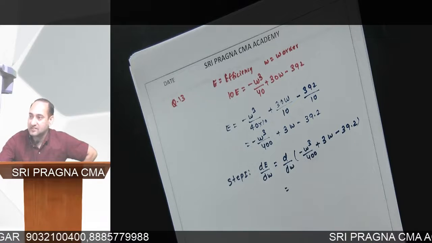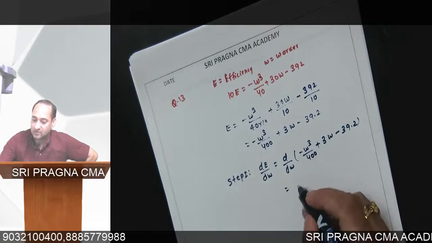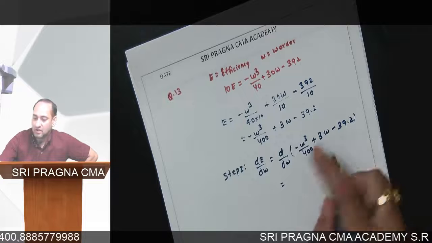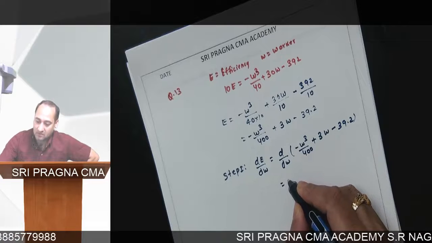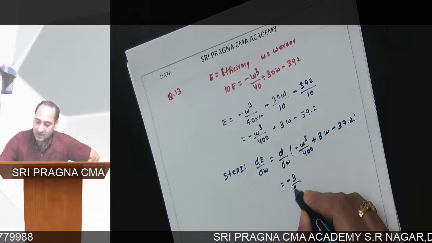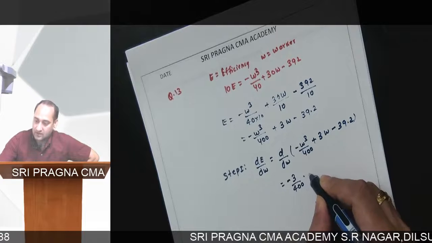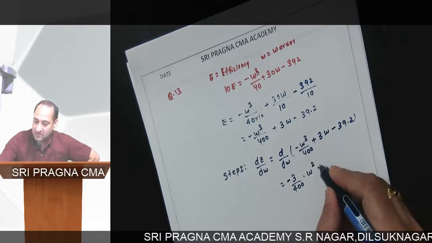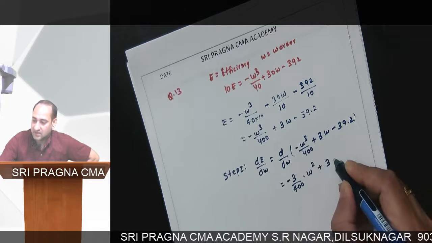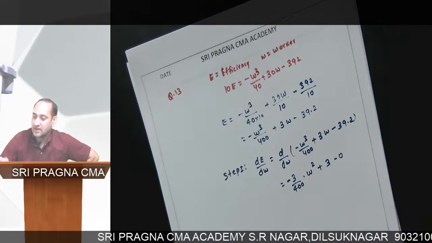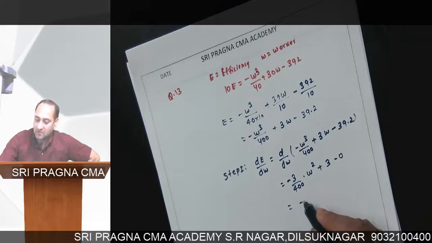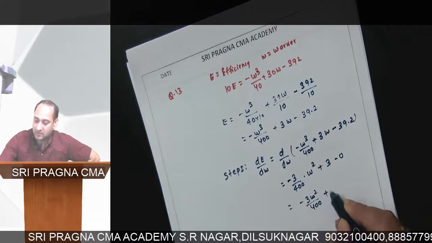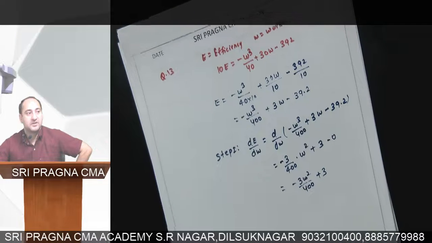You have to do the differentiation of each term. Everybody is comfortable with differentiation, right? So I am doing it directly. Minus 3W square by 400 plus 3, and the constant becomes 0. So we have minus 3W square by 400 plus 3. Step number 1 is done.